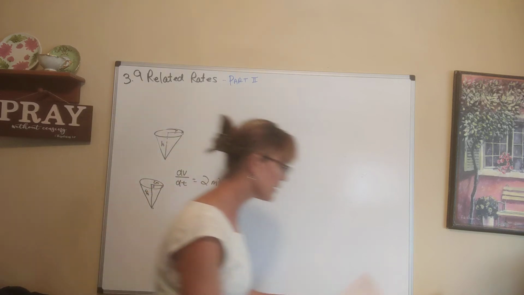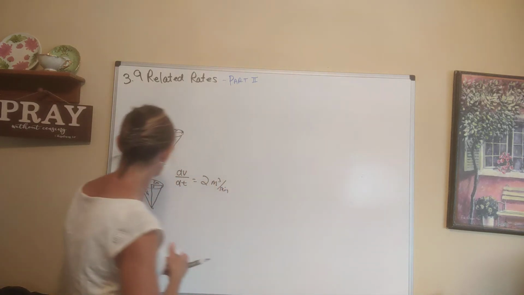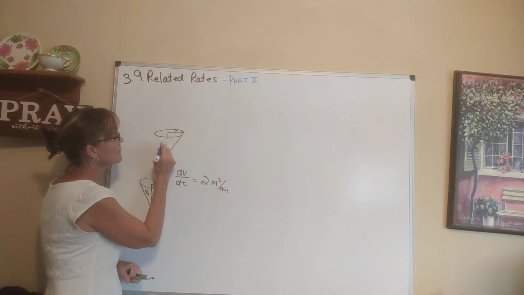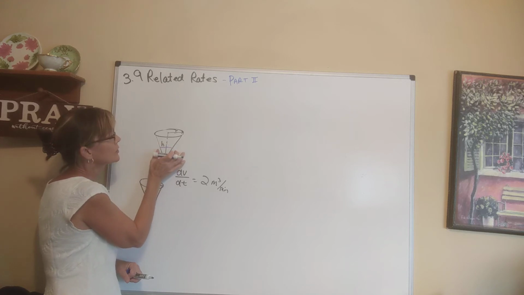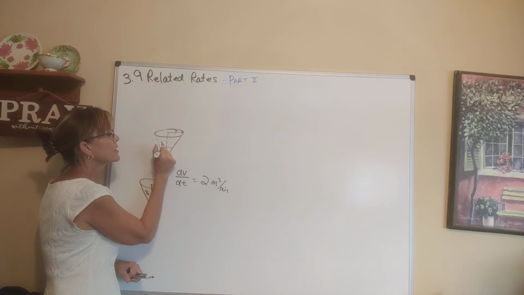So what we've got here is, this is height, and they're pumping water into the tank, so it's rising, and rising, and rising. So if you look at this, the H is changing and the radius is changing with the amount of water that's in the tank so far, okay?